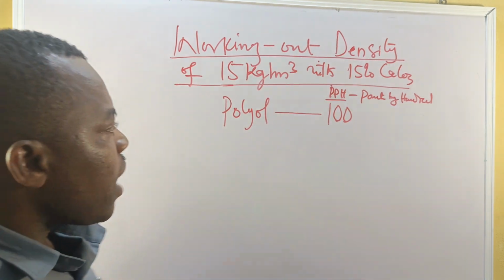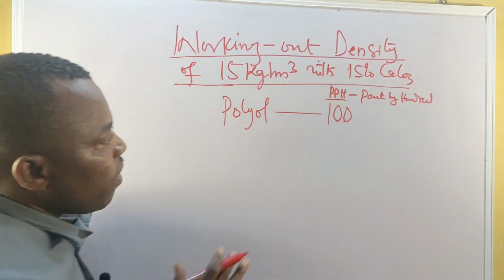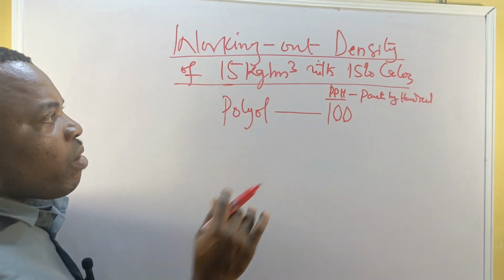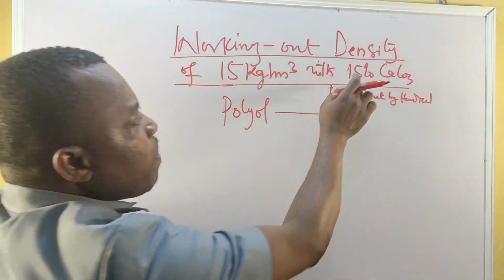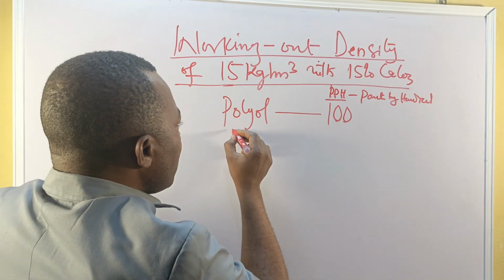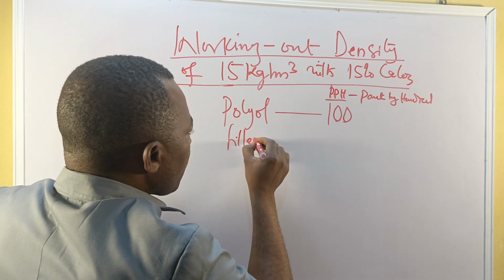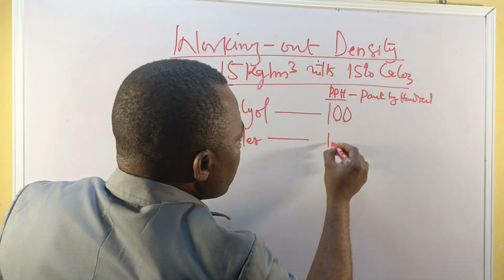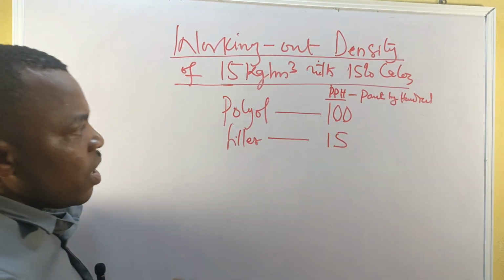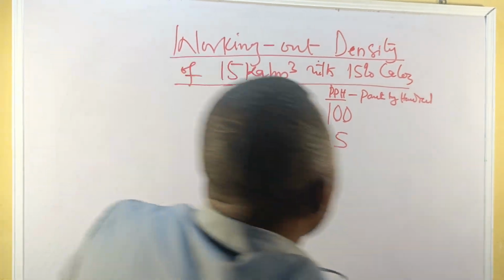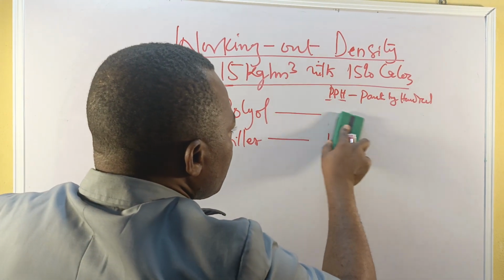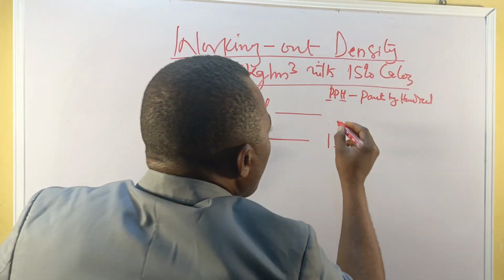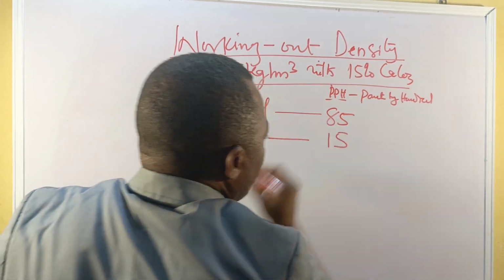You understand? Now, this is polyol 100. And remember, you want to integrate 15%. This 15% coming in is that filler, will be 15. In this case, the 100 would be reduced to 85.